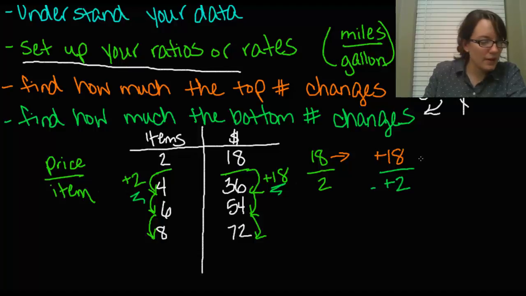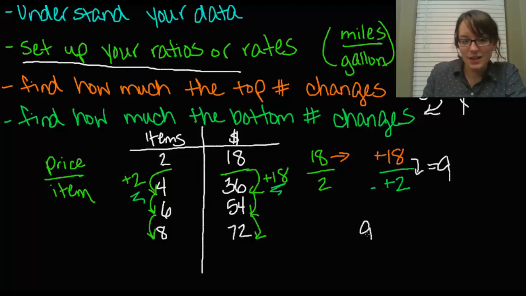Then I'm going to simplify. 18 divided by 2 is 9. So my constant rate of change is $9 per item.